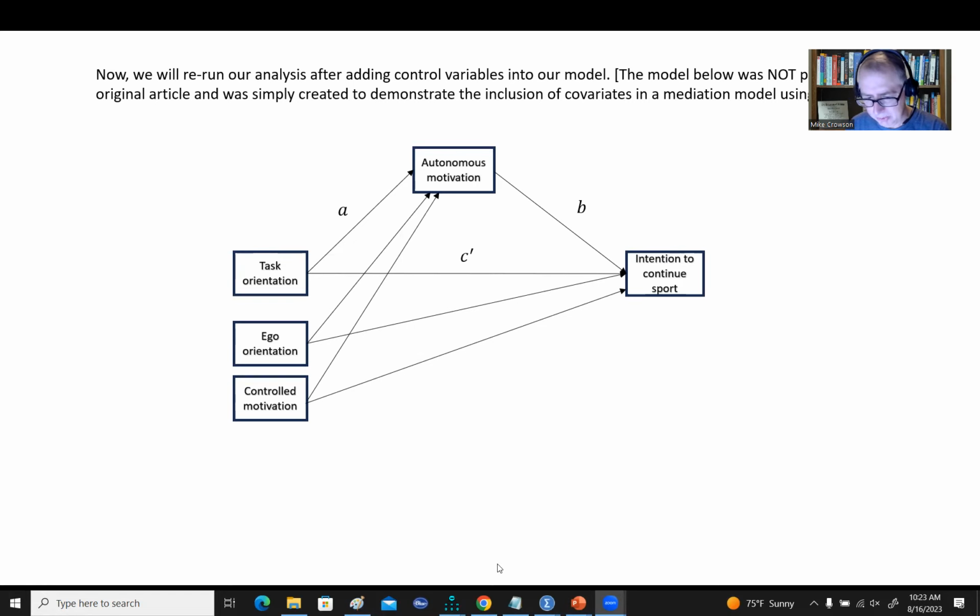analysis. So here we have, again, our simple mediation model with task orientation having direct effects on autonomous motivation and intention to continue sport, and autonomous motivation having a direct effect on intention to continue sport with the covariates of ego orientation and controlled motivation.